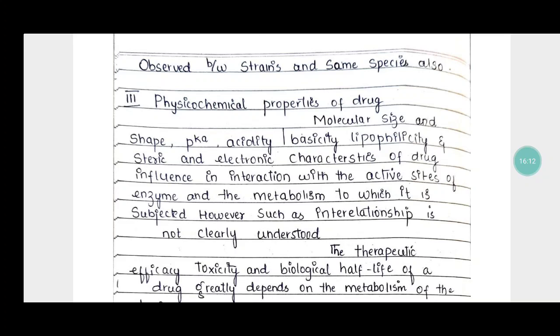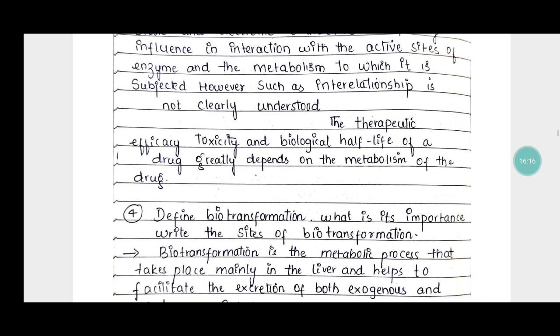However, such interrelationship is not clearly understood. The therapeutic efficacy, toxicity, and biological half-life of a drug generally depend greatly upon the metabolism of the drug. The effect of the metabolism of the drug.